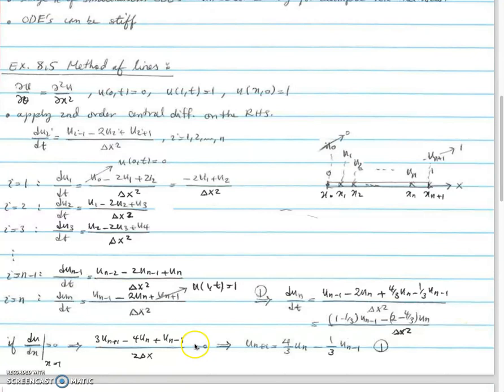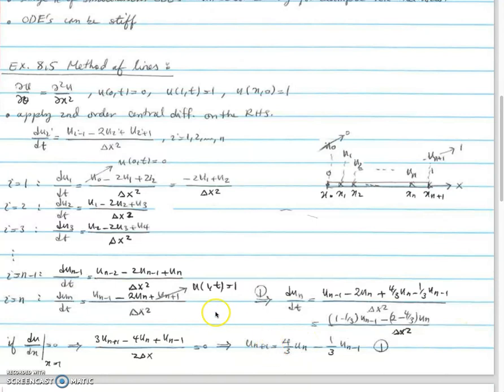This is the backward difference discretization of du/dx at x equal 1. We set this to 0 because the boundary condition said so, and by doing so, we can equate the numerator to 0, and from here we can solve for u(n+1). So u(n+1) is nothing but 4/3 of u(n) minus 1/3 of u(n-1). Basically, you just take these two to the right side and divide through by 3.